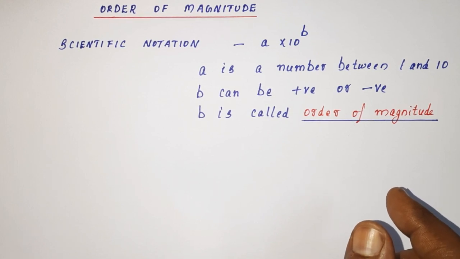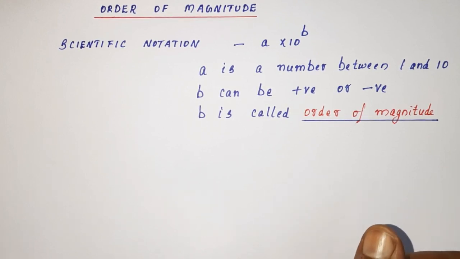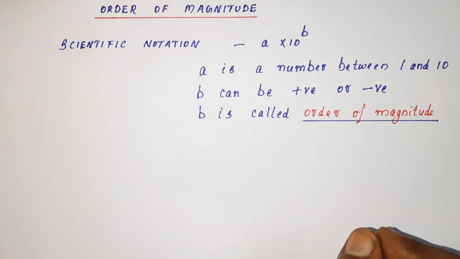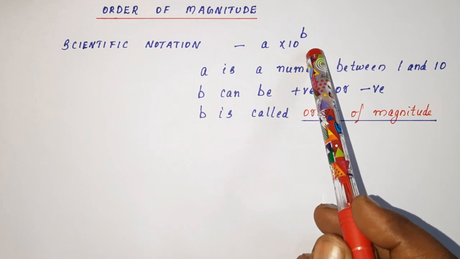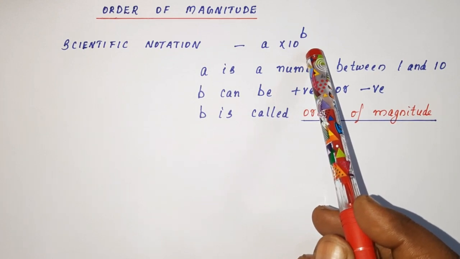So we said to remove the problems of change in the unit, the best way is to report all the measurements in scientific notation. So what is that scientific notation? Writing the measurement in the form a into 10 raised to b. In this form, writing the measurement is called scientific notation.